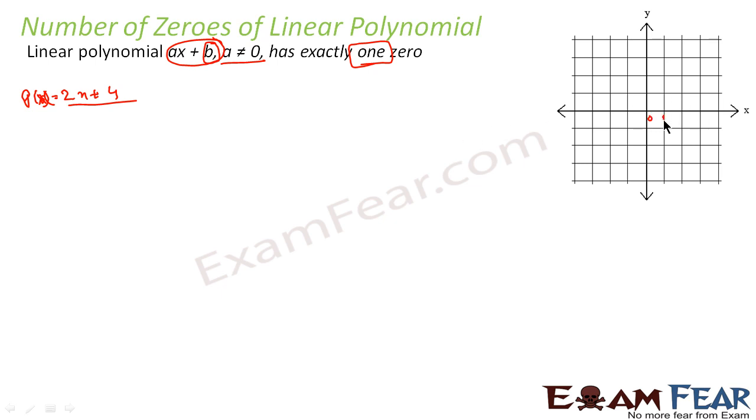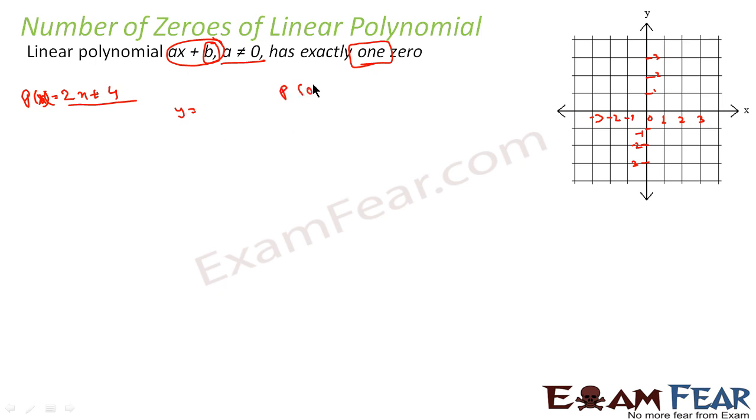This is 0, this is 1, 2, 3, minus 1, minus 2, minus 3. This is 1, 2, 3. This is minus 1, minus 2, and minus 3. Correct? So now I can say y is equal to, or P(x) is equal to 2x plus 4. So let me find several values.